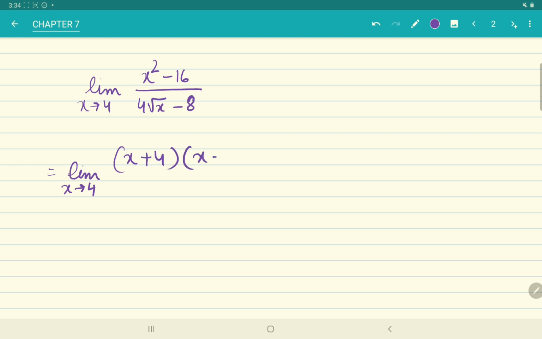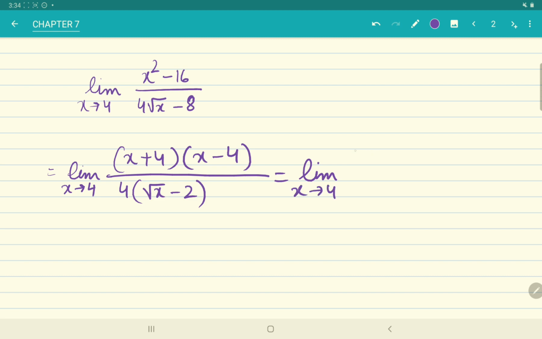I can write the numerator as this. The denominator can be written as 4 multiplied by root x minus 2. This is equal to limit x tending to 4, and even in this case x minus 4 can be written as root x plus 2 and root x minus 2, their product. So I write x plus 4 and root x plus 2, root x minus 2.